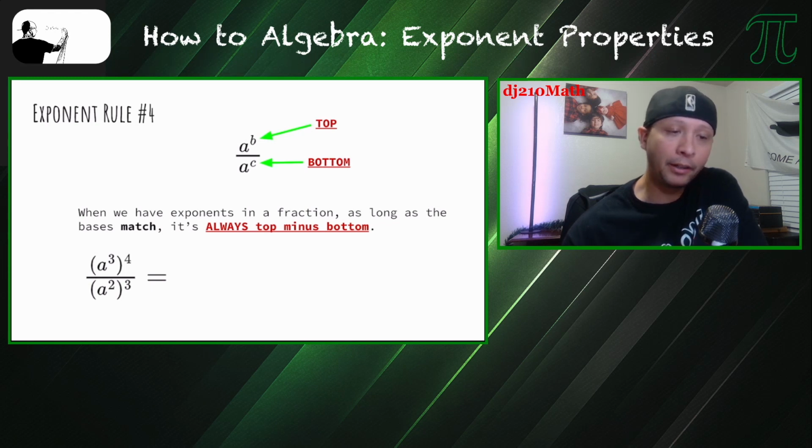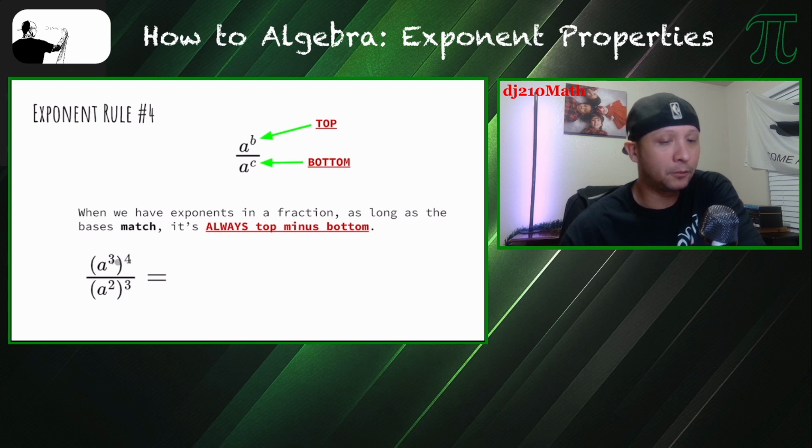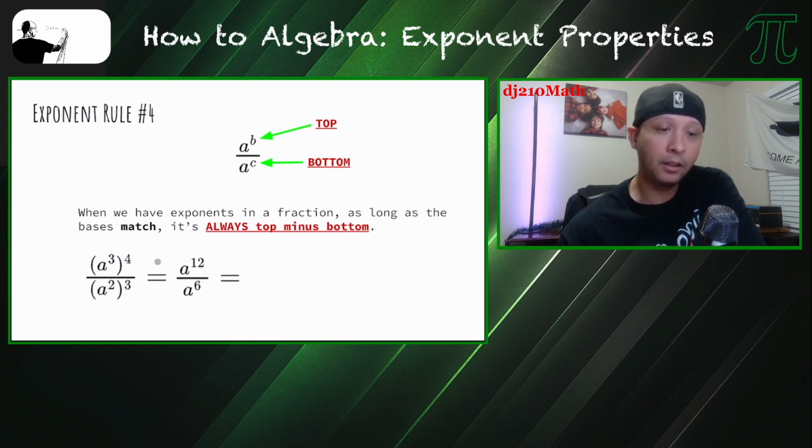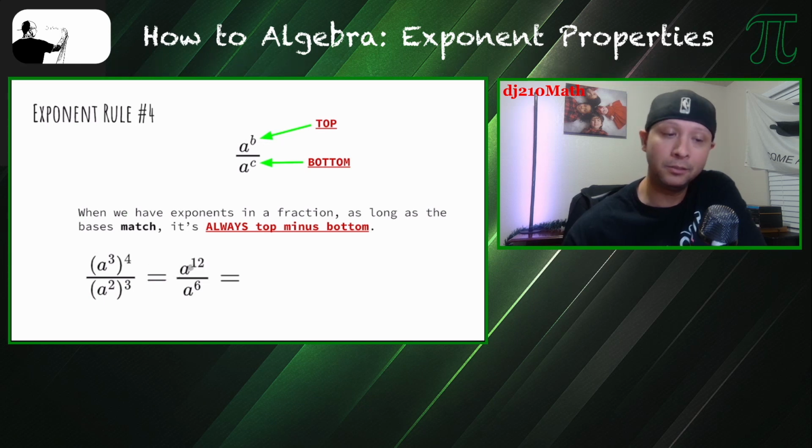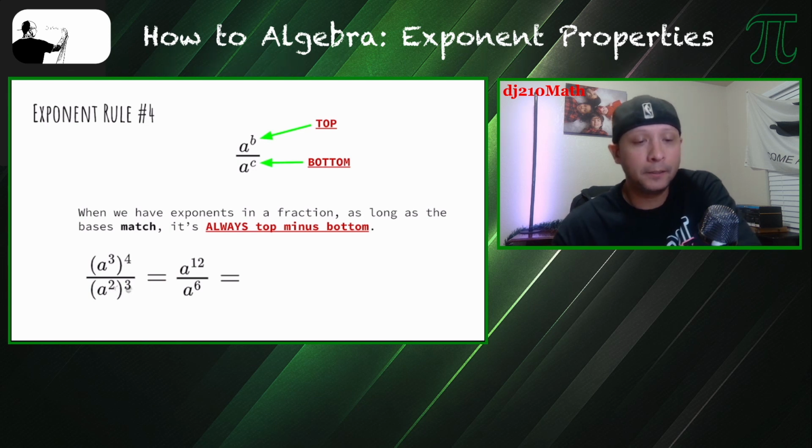We have a power raised to a power, so I'm going to multiply. So this is going to be 3 times 4, so 12, a to the 12th power. And a squared cubed, so we have 2 times 3, which is 6, basically. All right, so a to the 12th power over a to the 6th power.